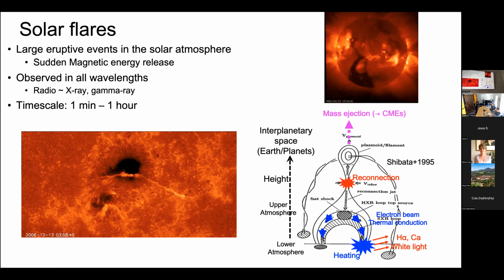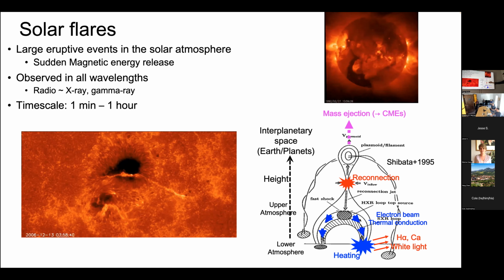As I explained, the solar flare occurs by magnetic reconnection in the corona, and then magnetic energy is transported to the lower atmosphere through high energy particle acceleration and also thermal conduction. The lower atmosphere is much more dense, so the energy is deposited there. Then a lot of heating occurs, and some plasma is evaporated into the loop, and this kind of loop structure is observed in X-ray.